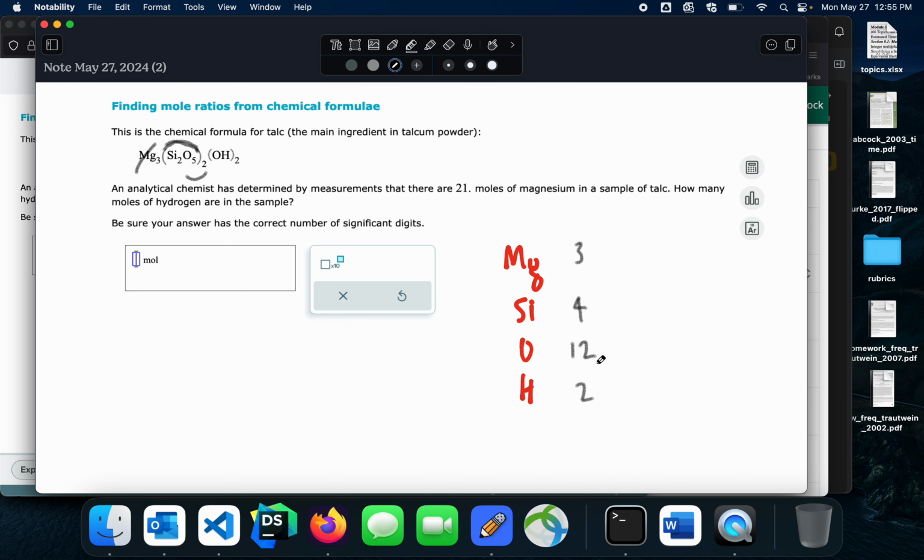Okay, so what I'm going to be asked to do then is to set up a ratio between magnesium and moles of hydrogen. Not a big deal. I'm going to say moles of hydrogen is what I want to know, and I'm given moles of magnesium.